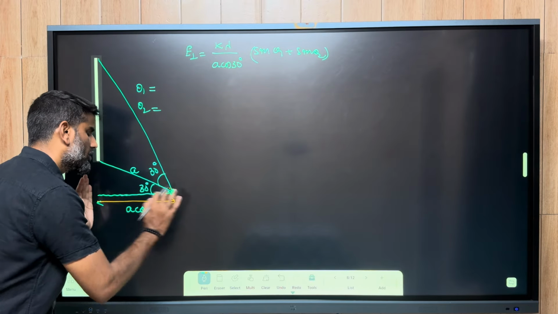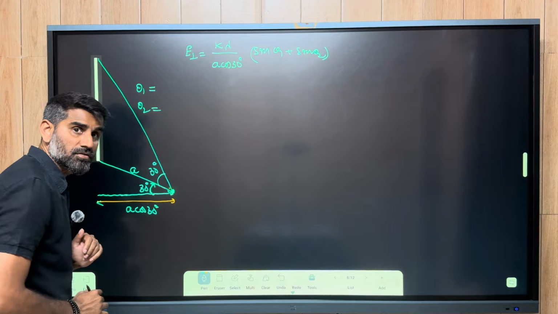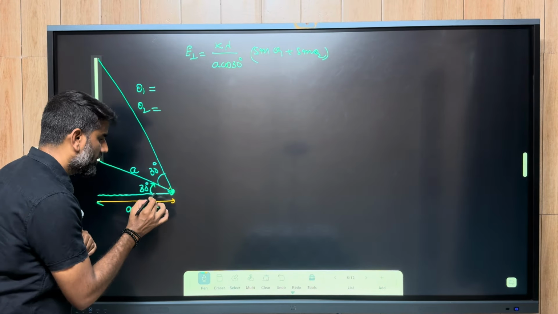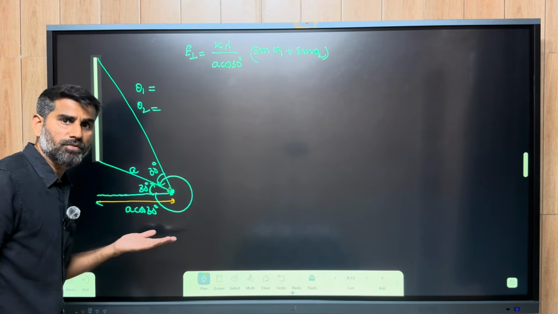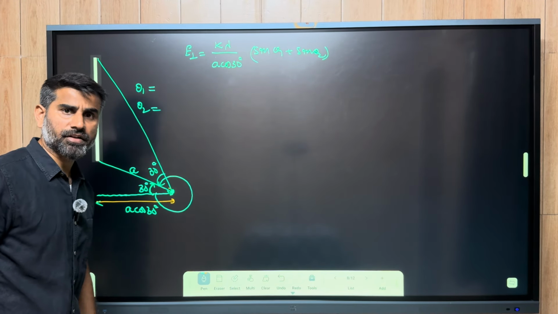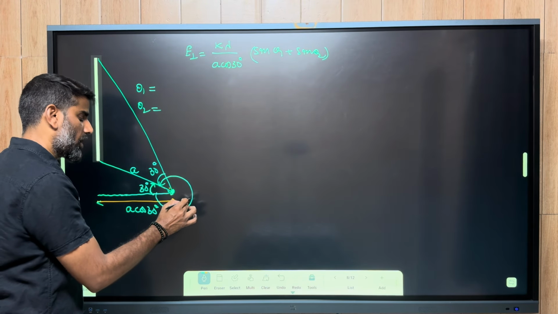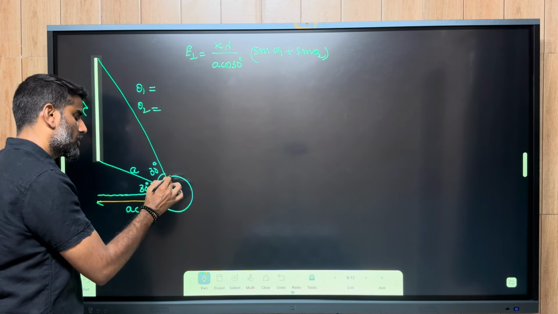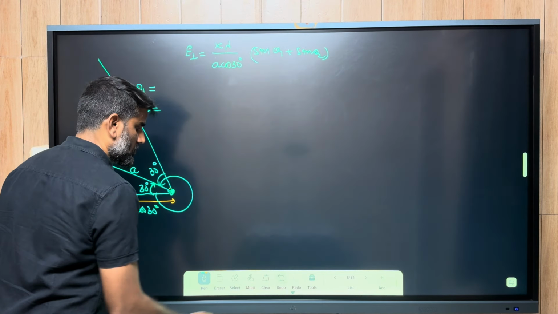The angle that I am measuring from the perpendicular line as reference is to be measured in the opposite direction, right? Or else I have to go all the way from here to here, which will be 270 degrees, or minus 30 degrees. I'm going down, and I don't get the line. Here I've got the line.